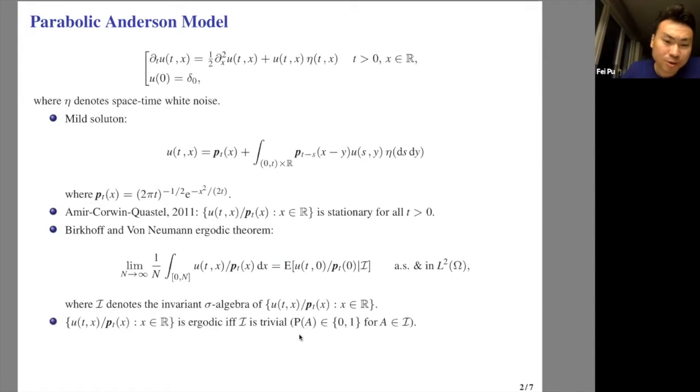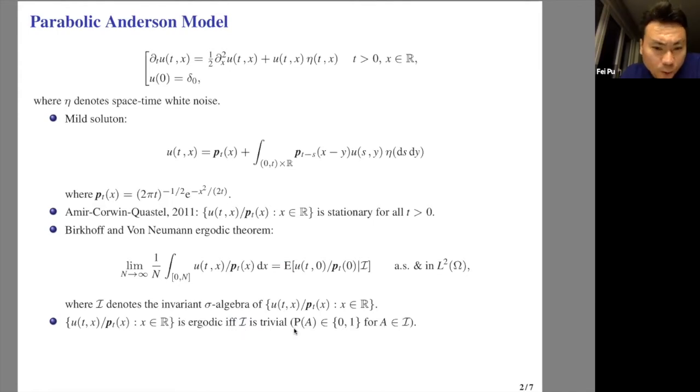Let me recall that a stationary process is ergodic if and only if its invariant sigma algebra is trivial. Here I is trivial means that P(A) is equal to 0 or 1 for any set A in I. So this is the definition of ergodicity.